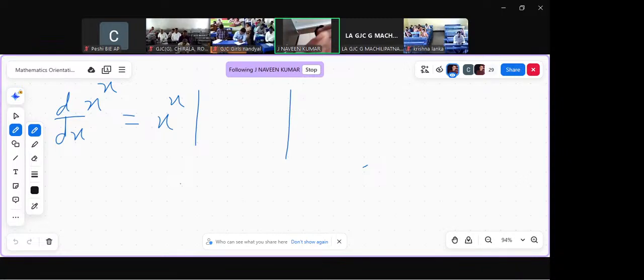x power x. Write the power first. In this question we don't know the difference between the power and the base because both are x power x, so I'm highlighting it with red color, x power x.